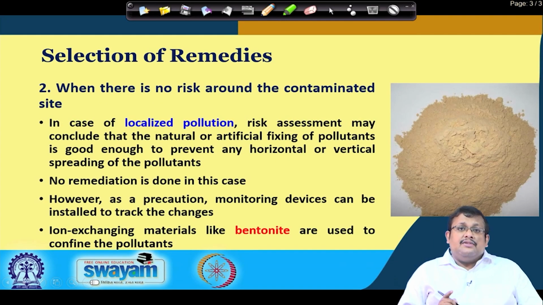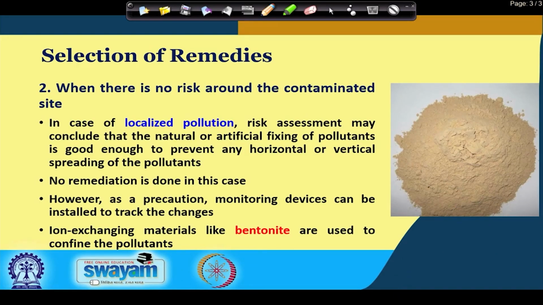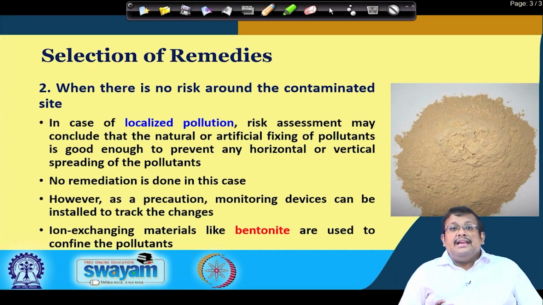Now, in the second condition, there is no risk around the contaminated site. So, we have a contaminated site, but there is no risk around that contaminated site. In case of localized pollution, risk assessment may conclude that the natural or artificial fixing of pollutants is good enough to prevent any horizontal or vertical spreading of the pollutants.